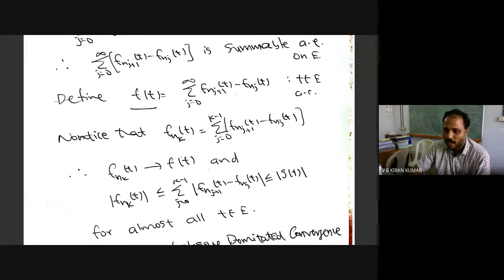So this is bounded by |g(t)|, because g(t) is simply the infinite series with these terms. We have to add more non-negative terms to obtain g(t). So f_{n_k}(t) is bounded by g, and we already obtained that g is in L^p.